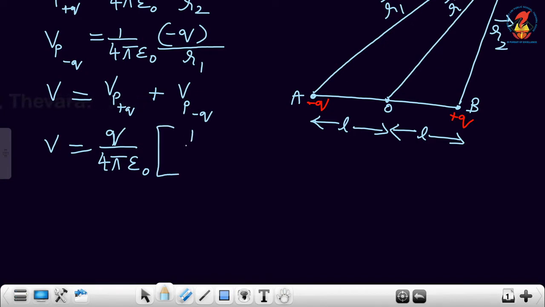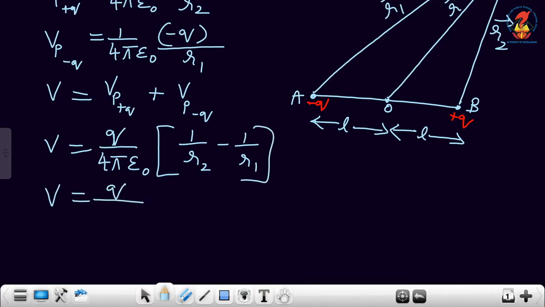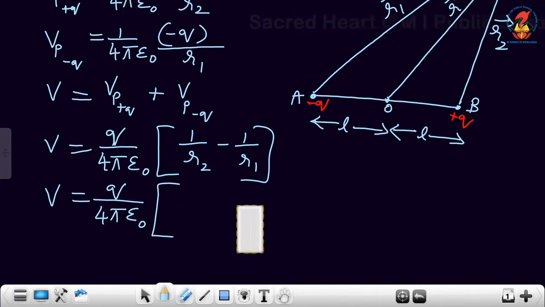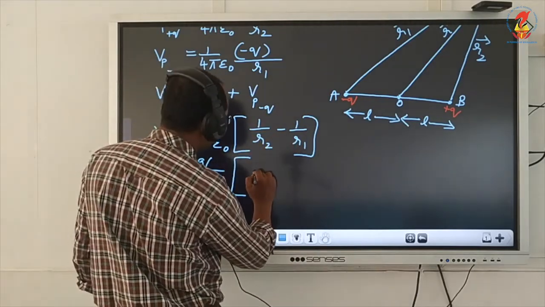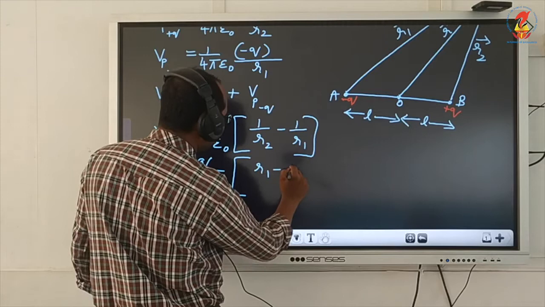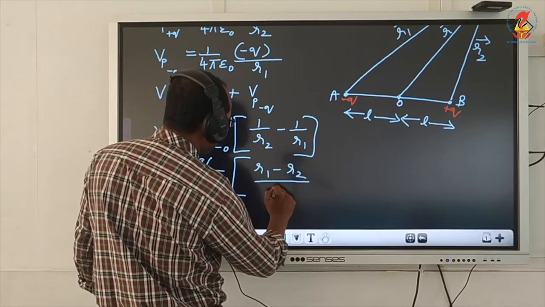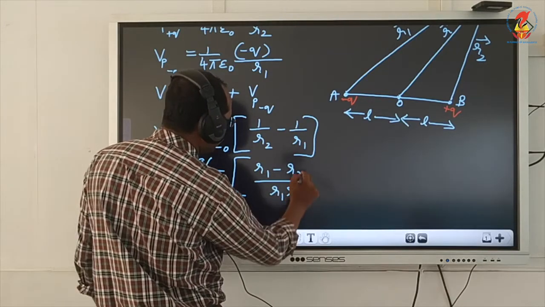The remaining thing is 1 by R2 minus 1 by R1. So V is equal to, here you can take the LCM. So you will get R1 minus R2 by R1 R2.